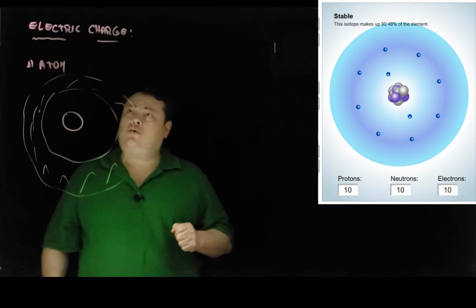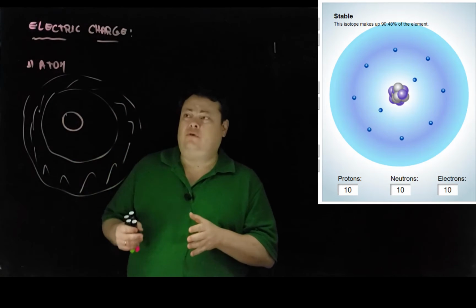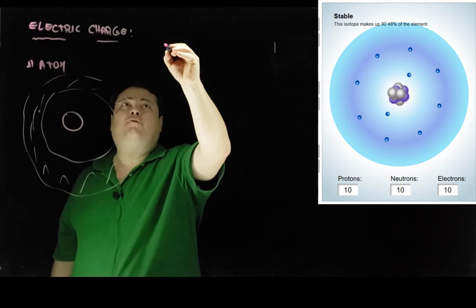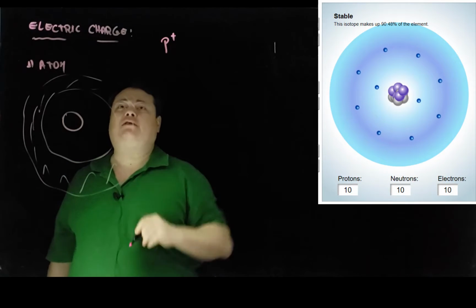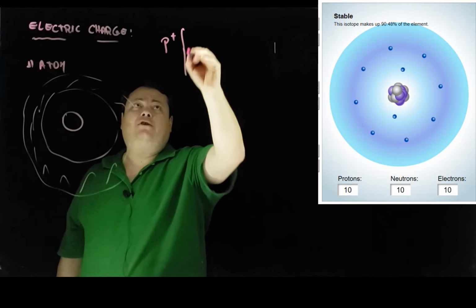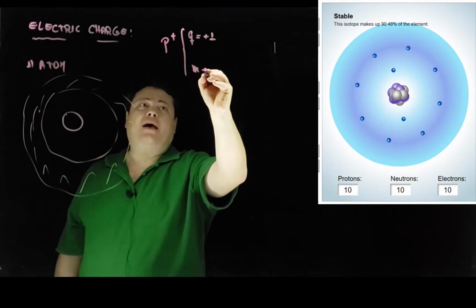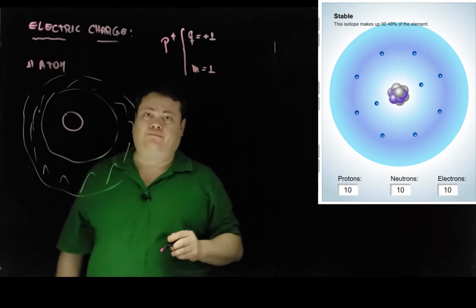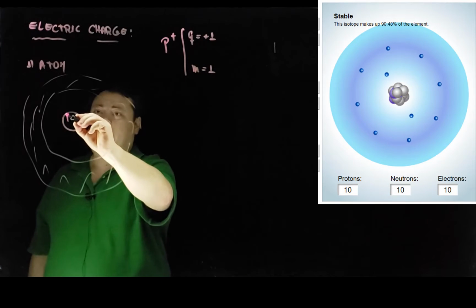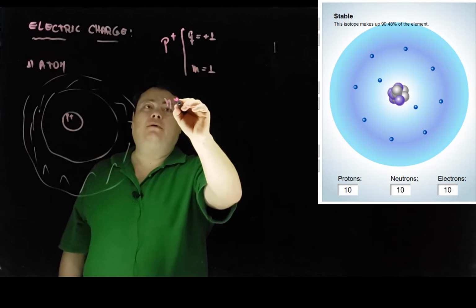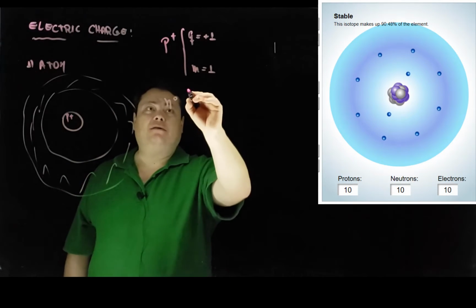Okay, so what we have is that the protons, we represent as P+. They have a charge equal to +1 and a mass equal to 1. Now the neutrons, we represent by N0.